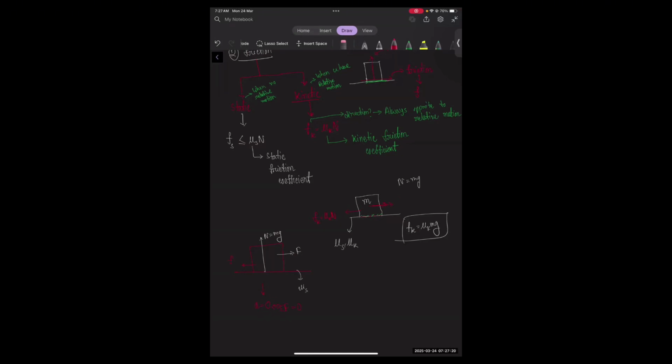This is the static friction force. And what would be the value of this? The value will just be equal to your applied force, because your object is not moving. You're applying a force F, it's not moving. That means the friction force is equal and opposite to your applied force, so it cancels out and your object cannot move.